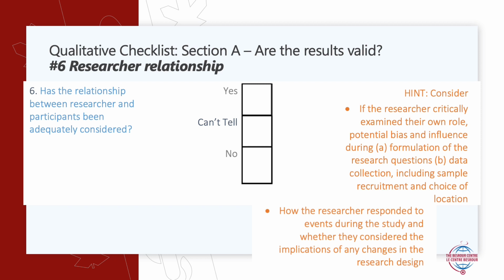Also, we're looking for some reflection on how the researcher may have responded to events during the study and whether they had some self-reflection on the implications of any changes in the research design that may have happened along the way.